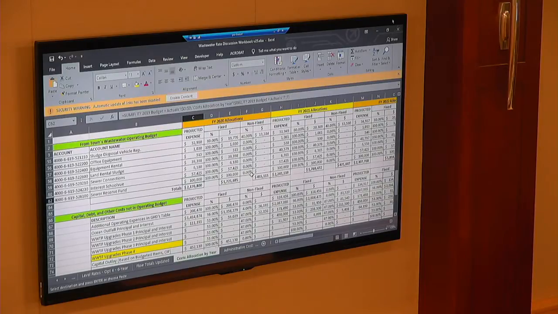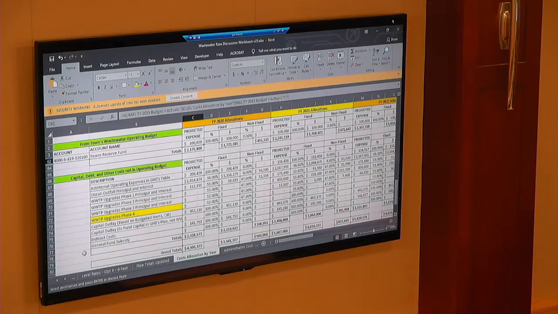based on fixed versus non-fixed. And where are those numbers again? It's been so long since I looked at those. Are they right there? 53, 47 for basically the wastewater treatment plant upgrades. And then the outfall was at 96 and 4.